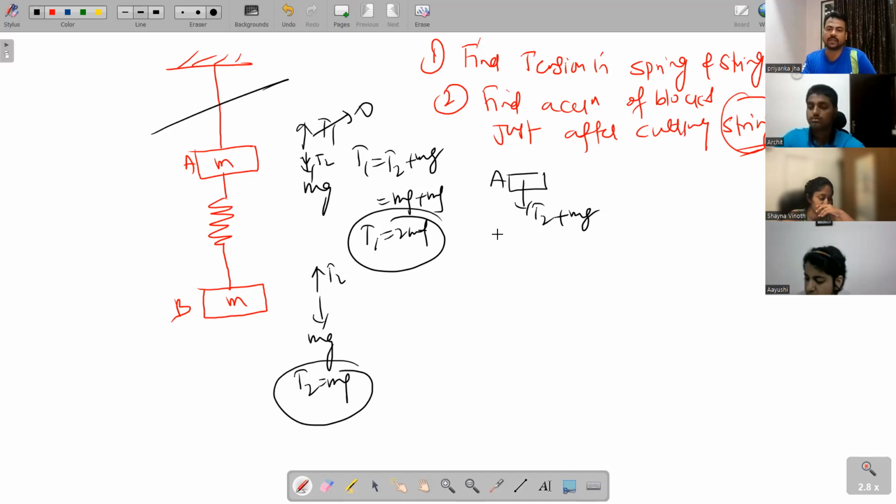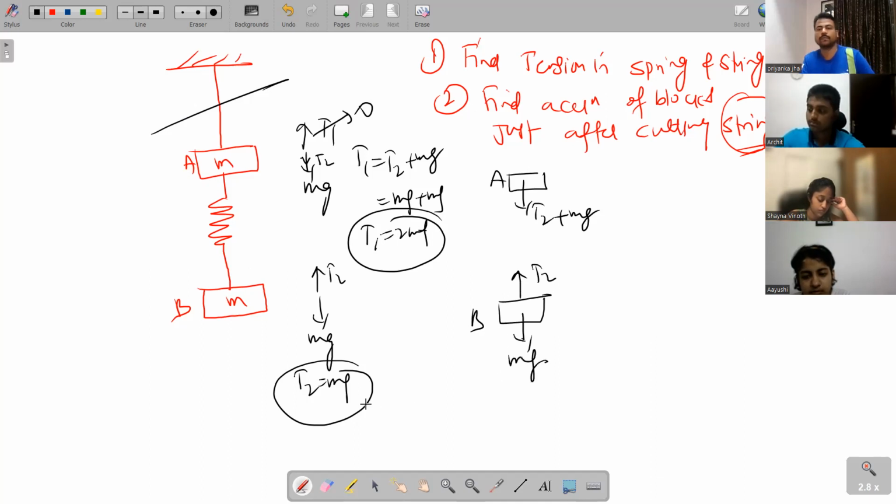And here on this block, block B, T2 is upward and mg is downward.